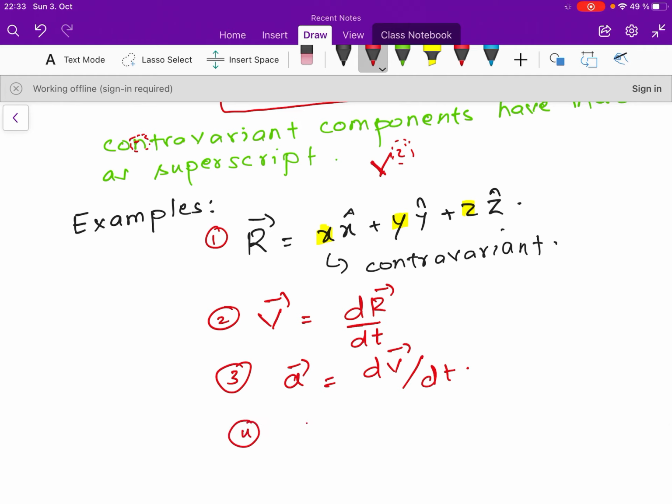And similarly, if you take momentum p, that is mass times velocity, that will also become a contravariant tensor or vector. So in general, all those vectors which transform in opposite manner to the change of basis will form contravariant vectors.